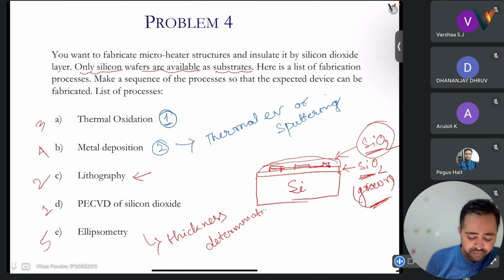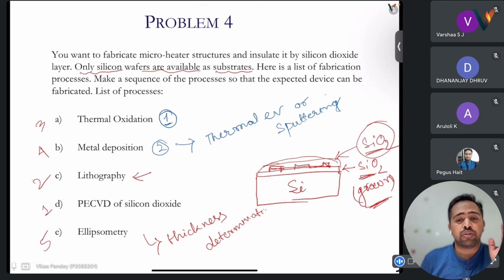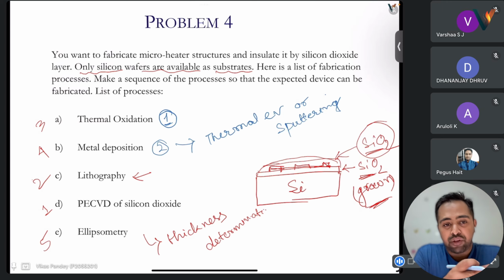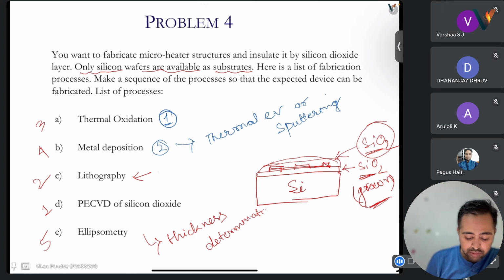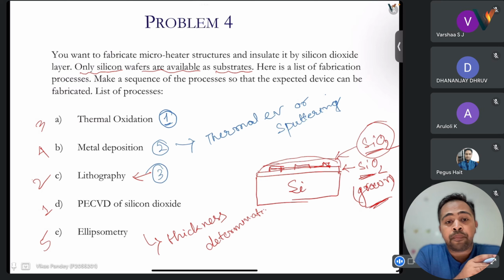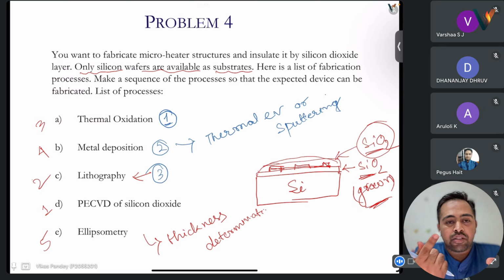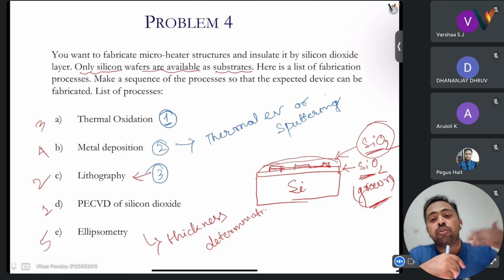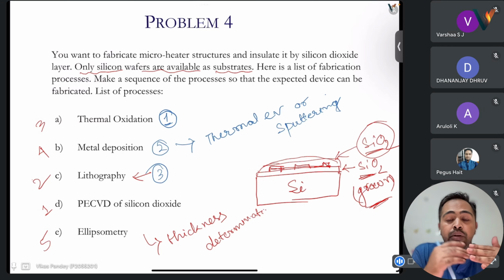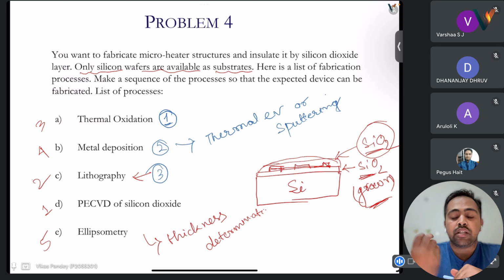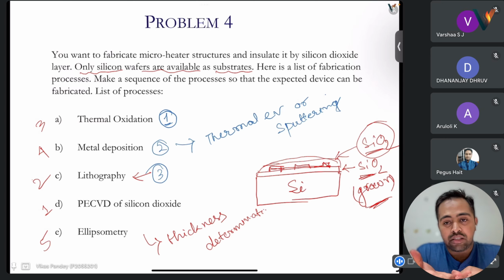That is why this is one of the most important processes in MEMS and microfabrication. Next will be lithography, and then the PECVD of silicon dioxide. It was just reversed: thermal oxidation will be done when silicon is present.